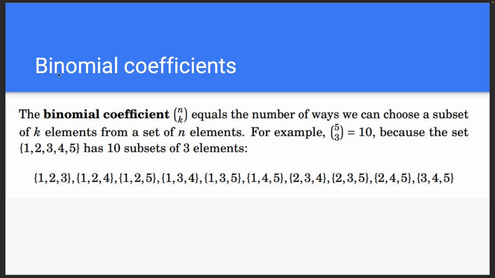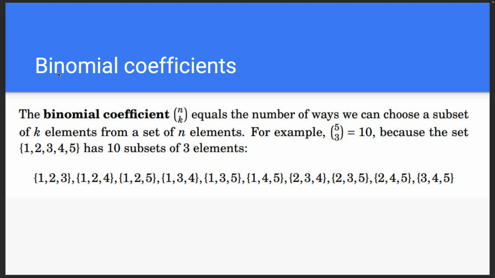So how many possible ways of choosing are there? That's actually the binomial coefficient, and we call it a combination of n and k, or choosing k elements from n. So that's the thing we are describing here.